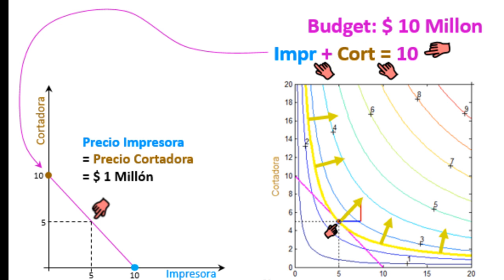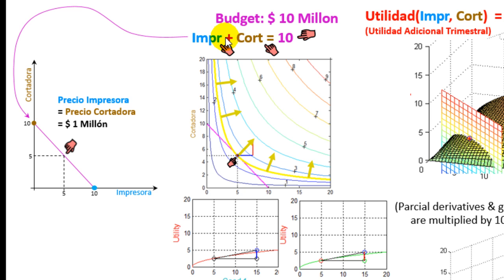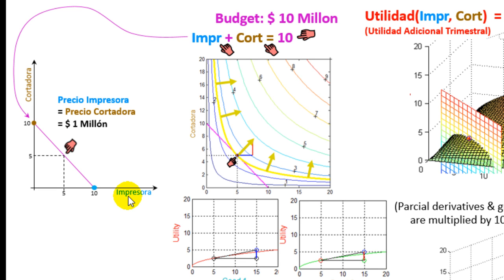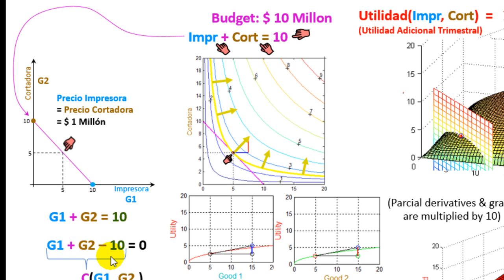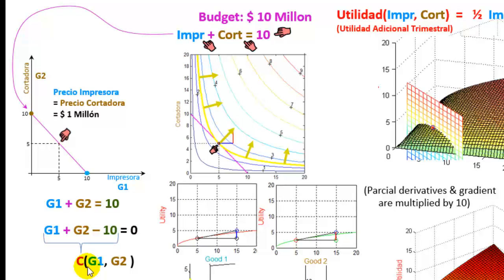Now, if we focus on the budget constraint, we are going to take the printer as good 1 and the cutter as good 2, G1 and G2. This budget constraint we can write as a function that depends on two variables, which can grow, not necessarily equal to 0.